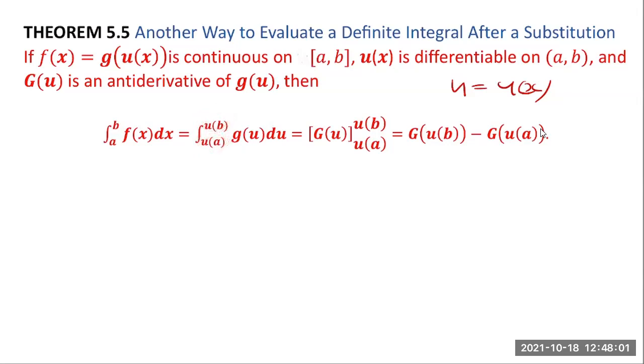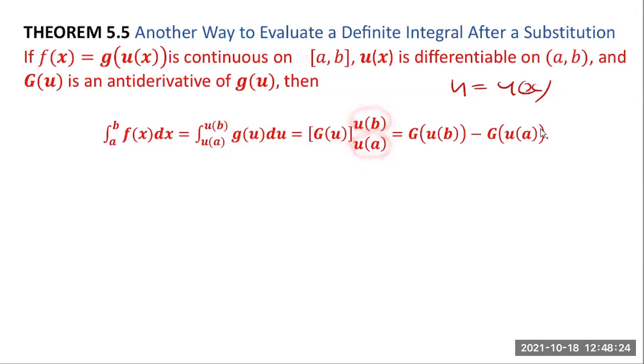Now, of course, since we are given that uppercase g of u is an antiderivative of lowercase g of u, the integral of this function g of u would be uppercase g of u. Now you can plug in the u limits. This time not the x limits. Now you are directly plugging u limits, u of a to u of b. This is the evaluation notation.